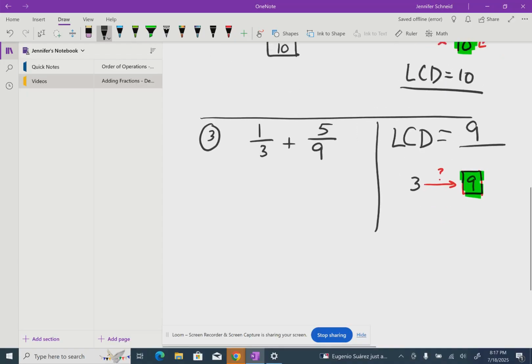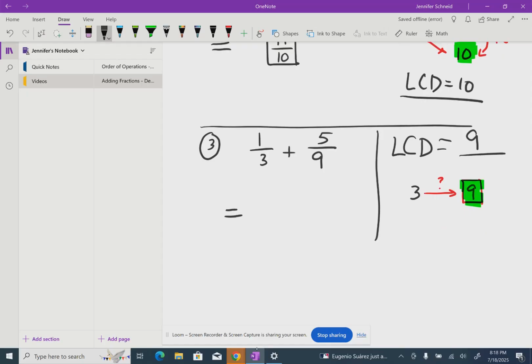And so now I'm going to do the same thing as before, getting that same new denominator of 9, and then I'm going to look at this 3, and I want to make it look like a 9. So I multiply by 3 on the bottom, multiply by 3 on the top, and I get 3 out of 9.